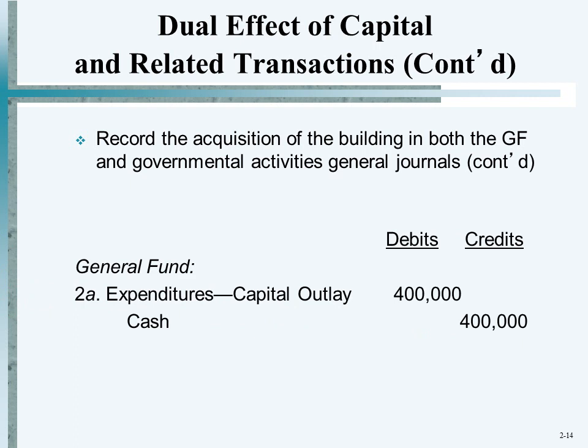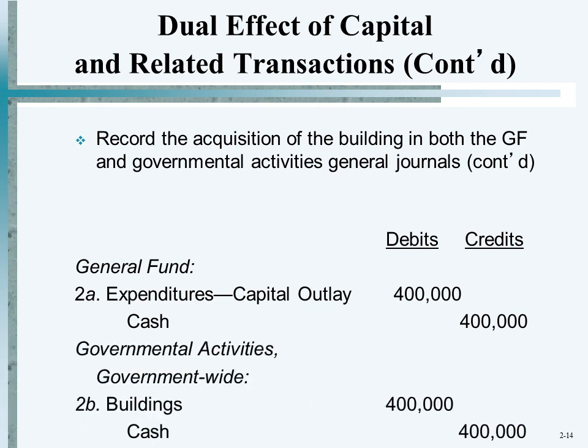When we're actually purchasing the building, the general fund entry is an expenditure. The debit is $400,000 to expenditures for capital outlay, and a credit to cash for $400,000. And again, in the governmental activities journal, this is going to look more familiar to you. You're going to debit buildings and credit cash.